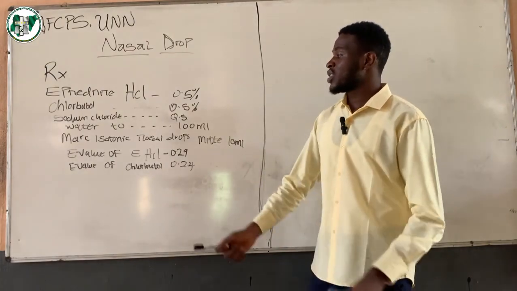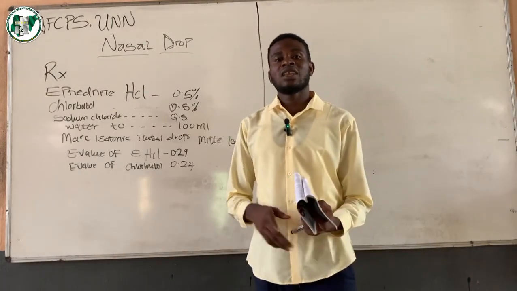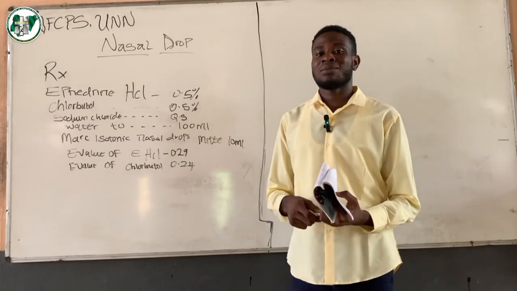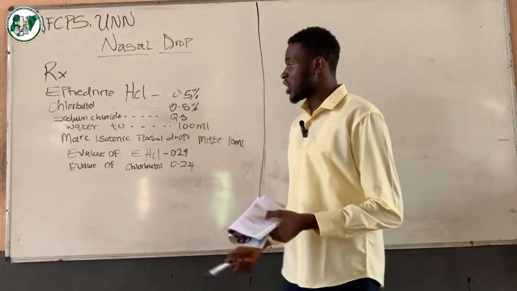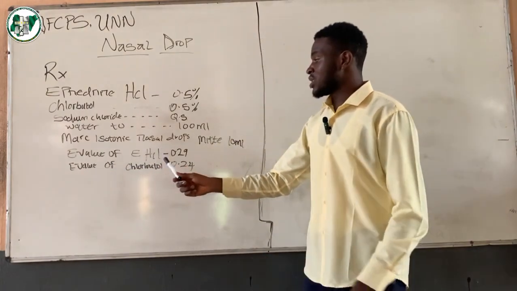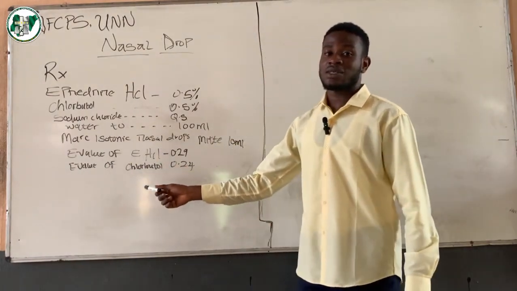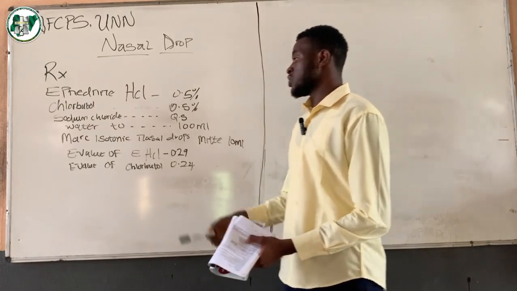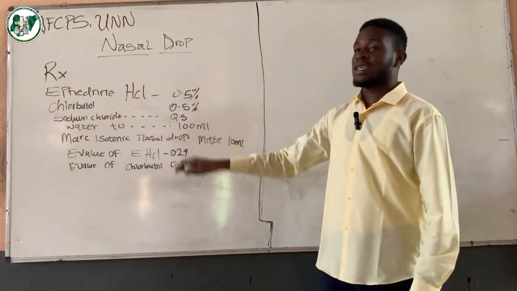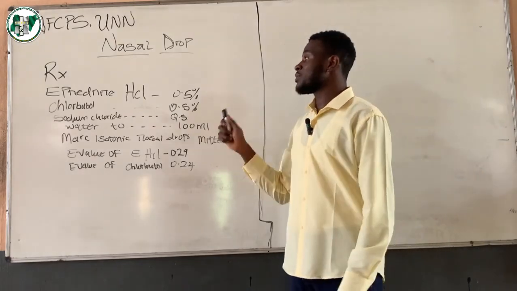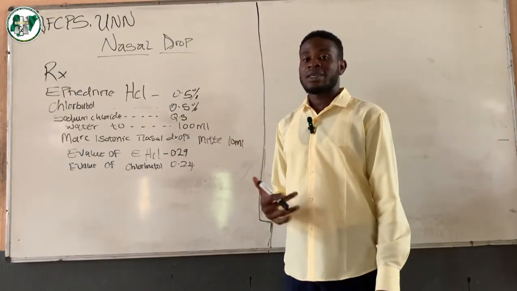In calculation, you must look at the values you are given to determine what method you are using. Because you are given this E value method, which is our sodium chloride equivalent method, we're going to be using this E value to determine the amount of sodium chloride. But before that, I must say that this preparation is a liquid preparation, right?